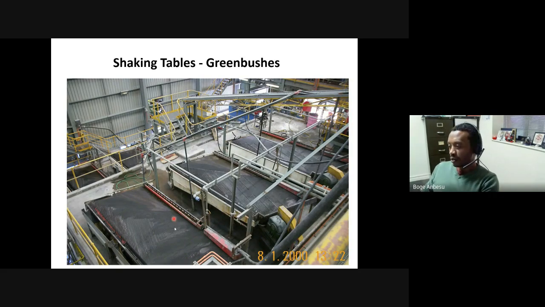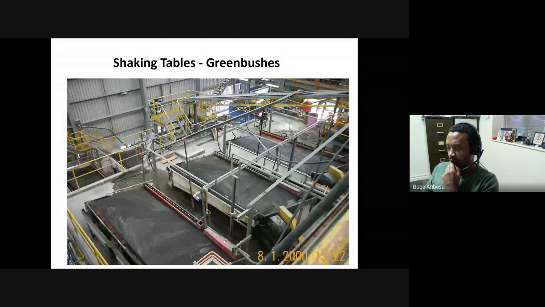Okay, so just on what I have explained. So if you look at a table, this is one of the plants not far from here. They process tantalite ore and lithium ore, spodumene, and they use shaking tables for concentration. So feed comes somewhere here.